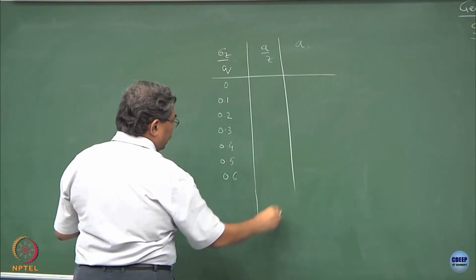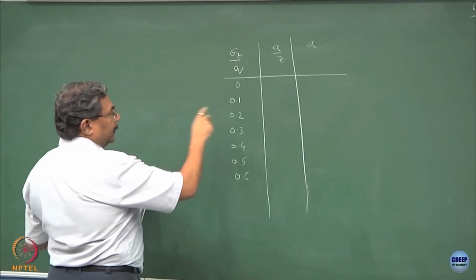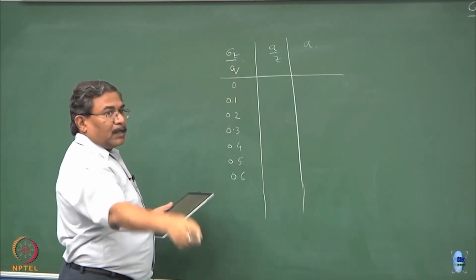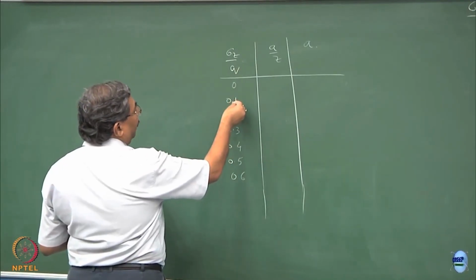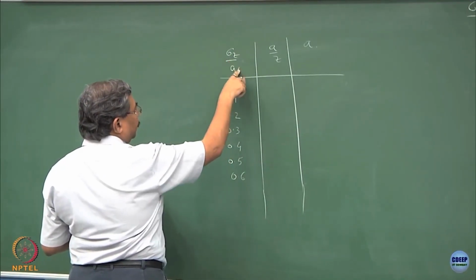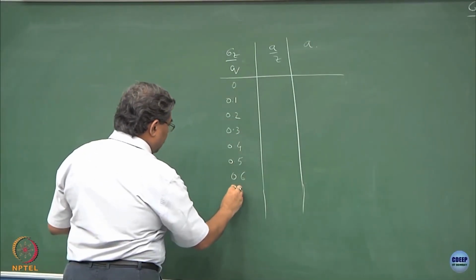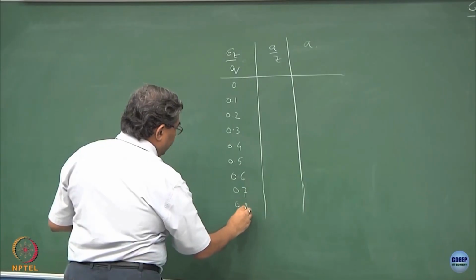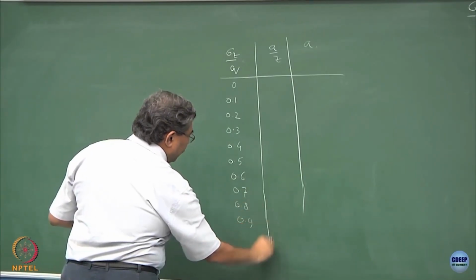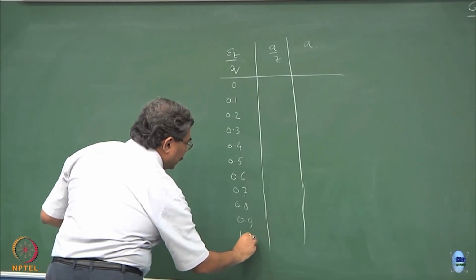I hope you understand what the decimal place indicates. I think you were asking this question. 0.1 sigma z is 10% of q, 20% of q, 30%, 40, 50, 60, 70, 80, 90 and 100%, alright.